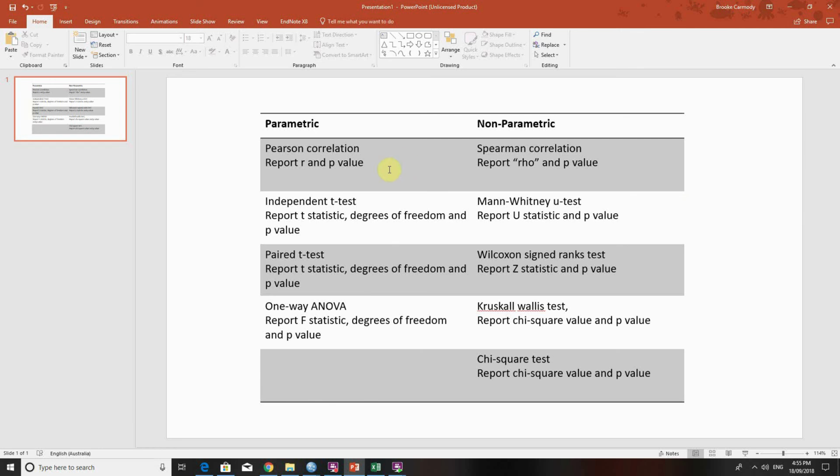I need you guys to know which one correlates to which, so which one you do instead of the parametric test. So you will need to know that off by heart. And I need you to understand what values you need to produce in your exam from the output. So I've given a quick summary here about which things you need to report, and hopefully this was helpful for your exam.